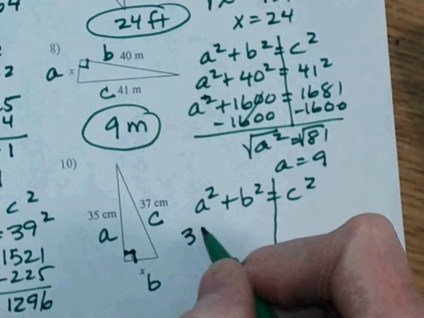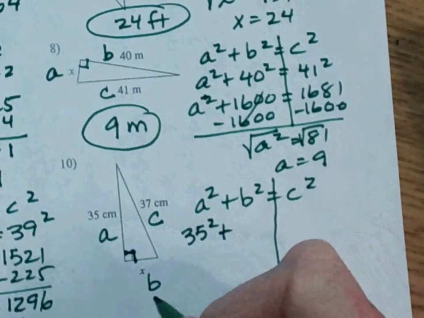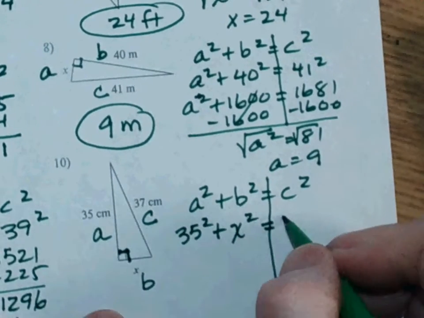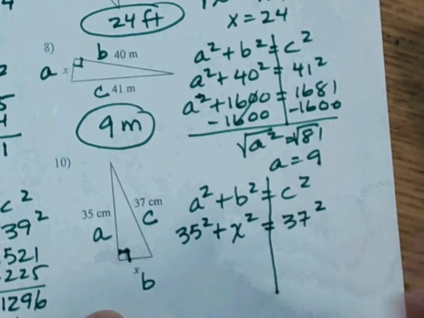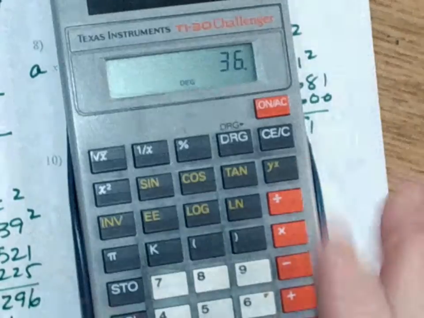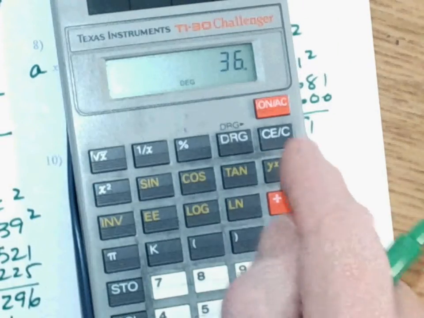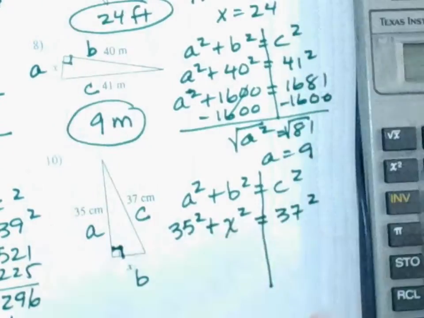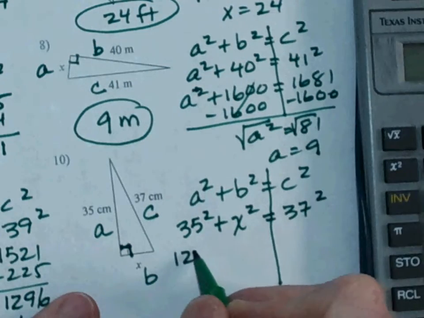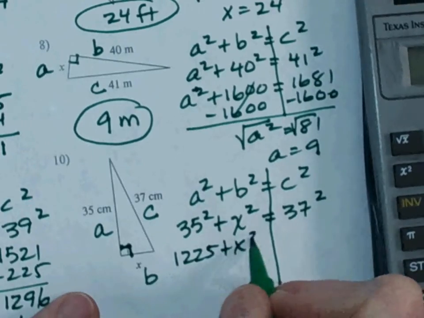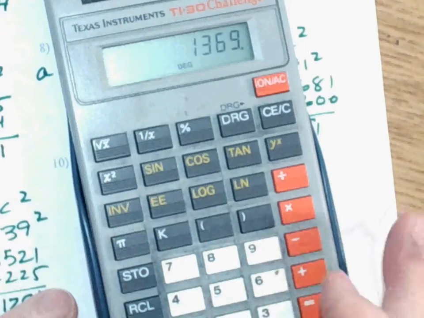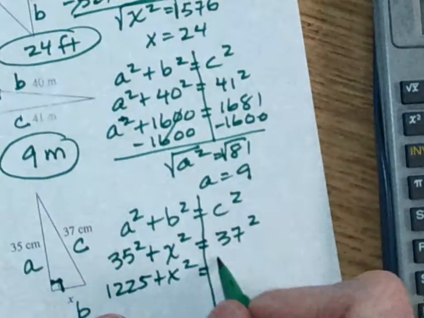A is 35, B is X, because we don't know what it is yet, C is 37, and so we'll use our calculator here. 35 squared is 1225. 37 squared is 1369.